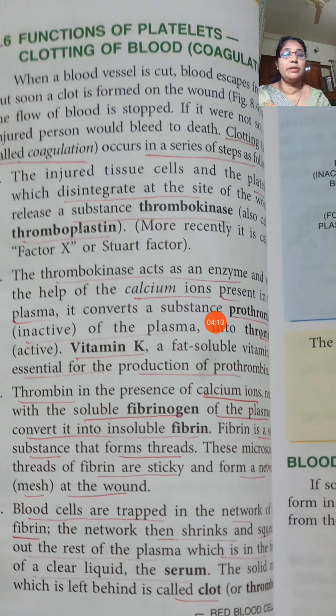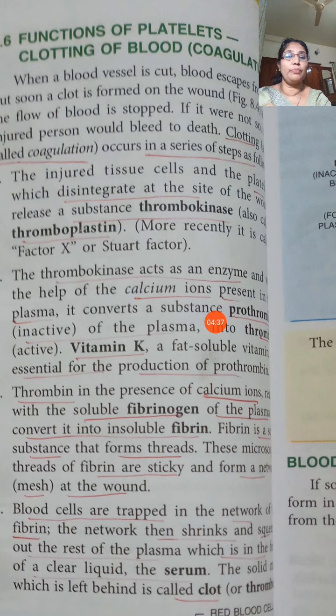Then in the presence of thrombin, again, calcium ions have two roles. Once it acts with the thrombokinase. Then secondly, it acts with the thrombin in the presence of calcium ions on the soluble fibrinogen. Fibrinogen is also present in the plasma.